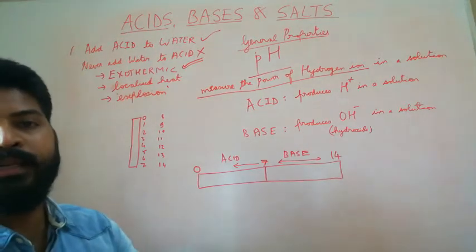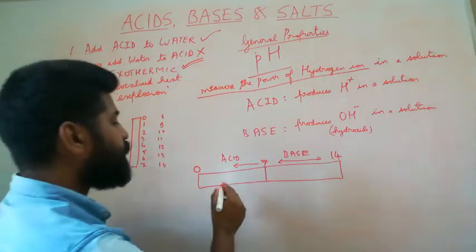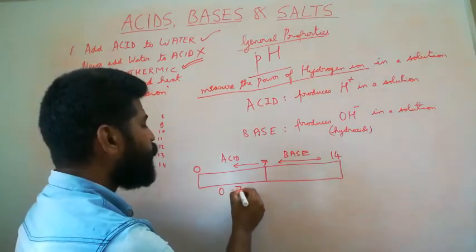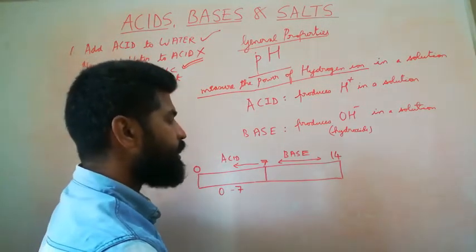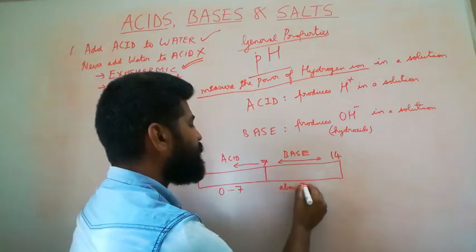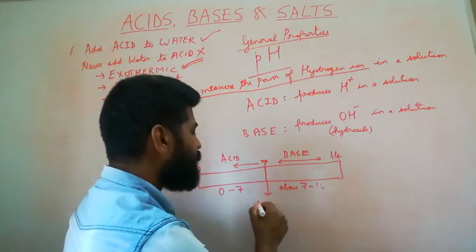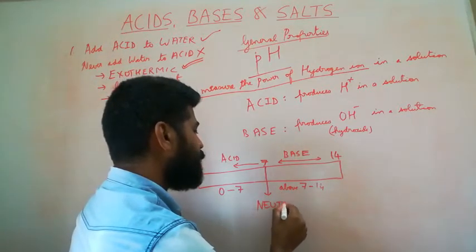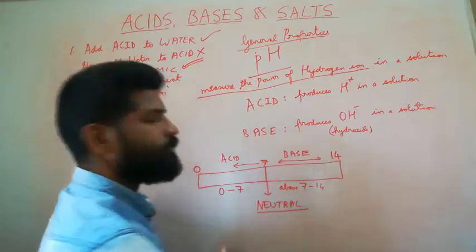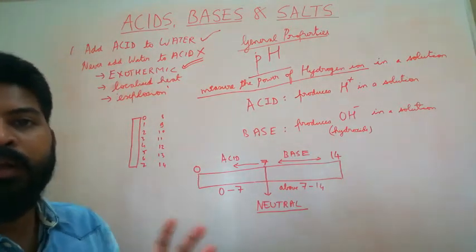So an acid is a substance whose pH value is from 0 to 7. Bases are above 7, that is 7 to 14. The pH 7 is neutral, that is, it is neither acidic nor basic.